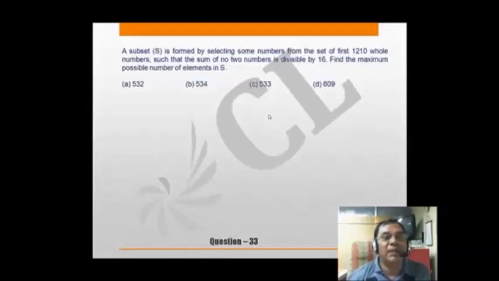A subset S is formed by selecting some of the set from 1 to, such that the sum of no two numbers is divisible by 16. I'm not getting the logic.